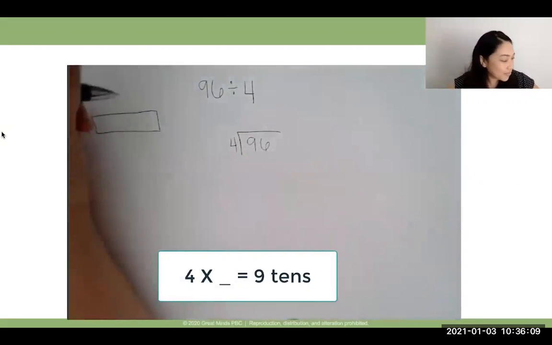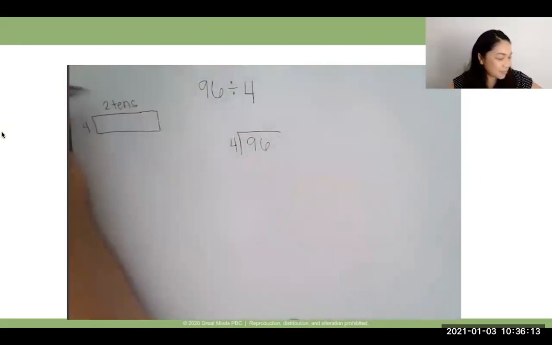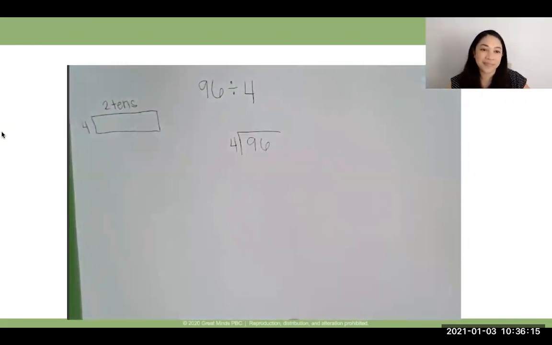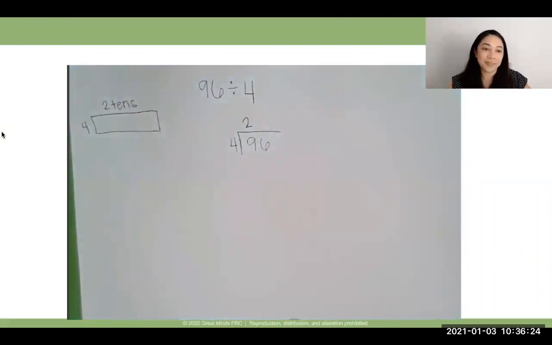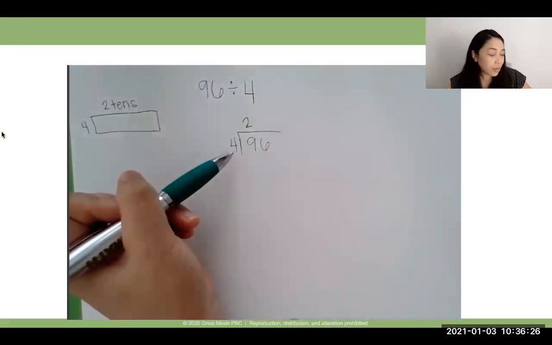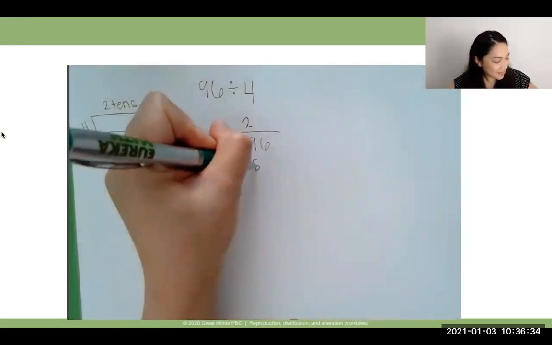Let's give 2 tens to the length. Next, let's record 2 tens in the tens place. What is 4 times 2 tens? 8 tens.